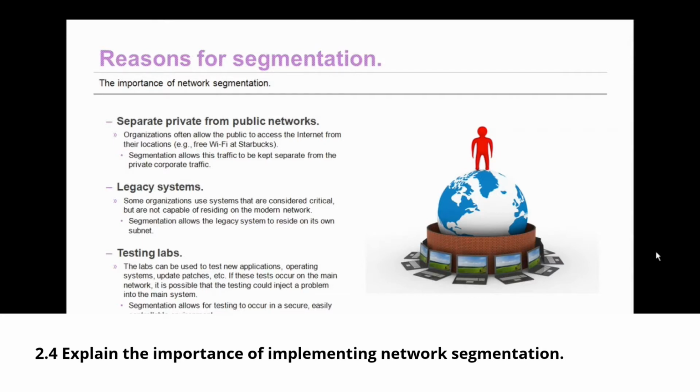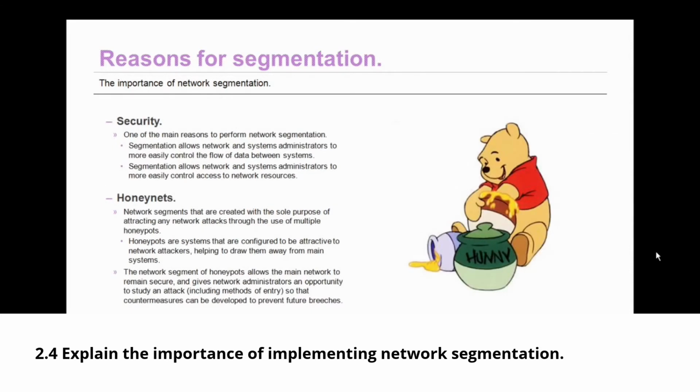Then there are testing labs. The lab can be used to test new applications, operating systems, update patches, and so on and so forth. If these tests occur on the main network, it is possible that this testing could inject a problem into the main system. Segmentation allows for the testing to occur in a secure, easily controllable environment. And finally, there's security.